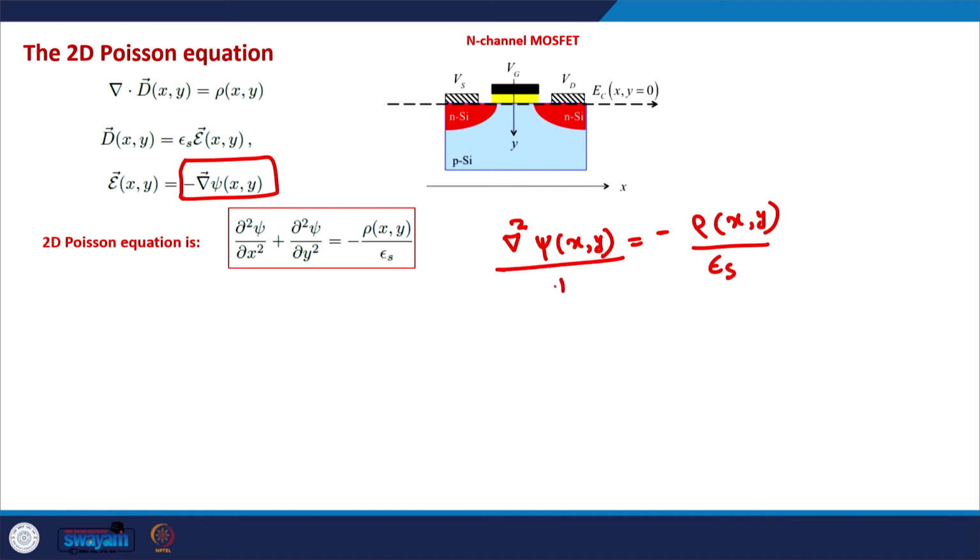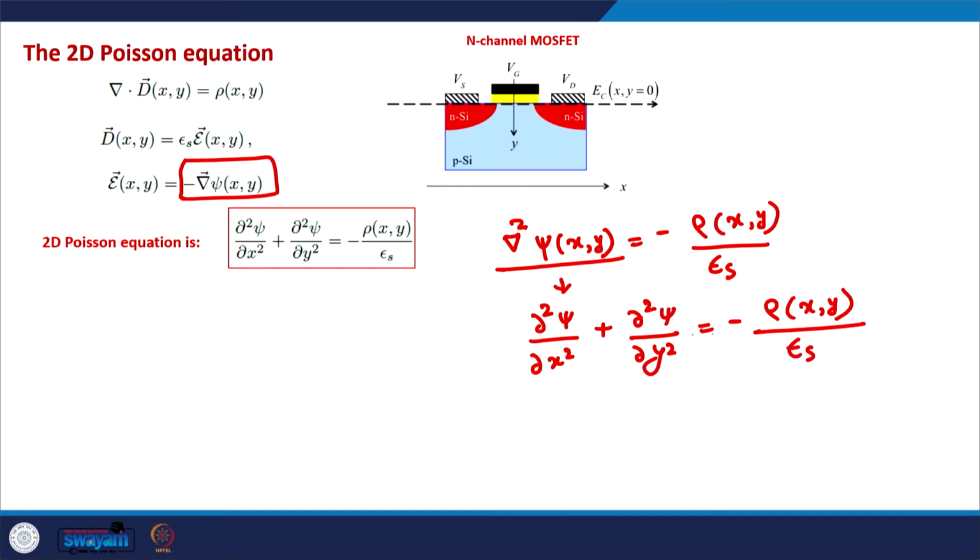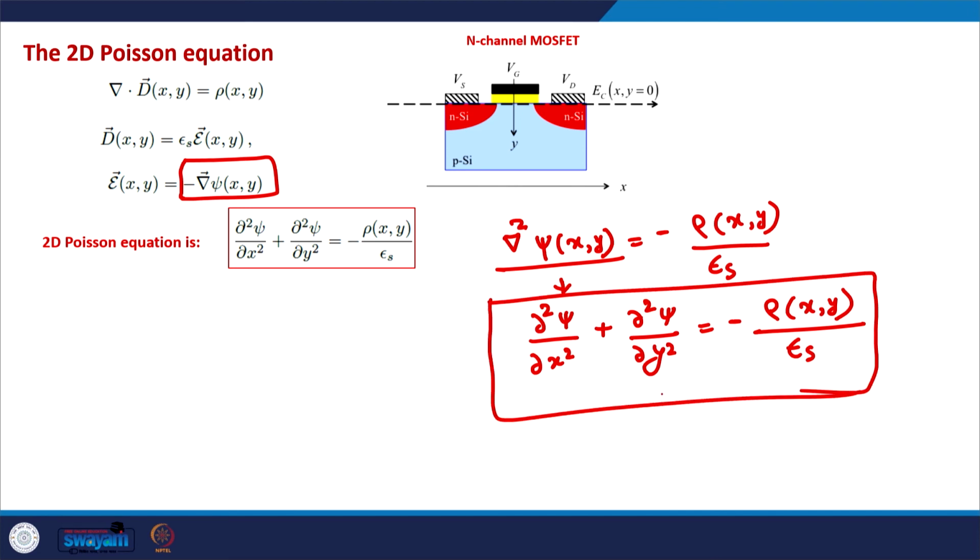So this left hand side is essentially del squared psi by del x squared plus del squared psi by del y squared, equal to minus rho, which is the charge density in the semiconductor, divided by the dielectric constant of the semiconductor. So this is the 2D Poisson equation in the channel region of the semiconductor.